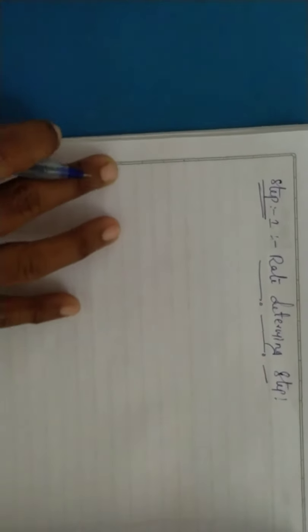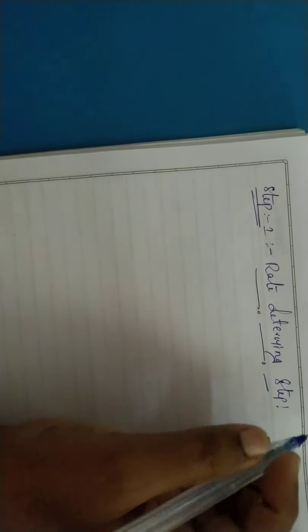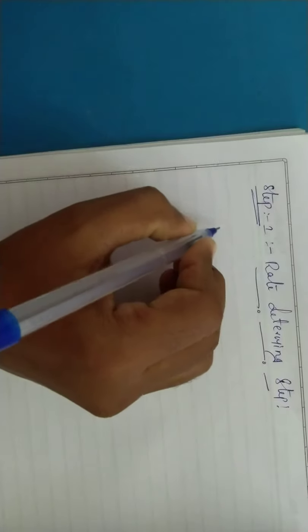It may be completed in one step or it may require more than one step. Among those, one step will be the slow step. Out of 3 or 4 steps, one step will be the slow step. That slow step is called the rate determining step, because only in that slow step can we determine the rate of a reaction. So the first step is called the rate determining step. We'll see what happens in the rate determining step.